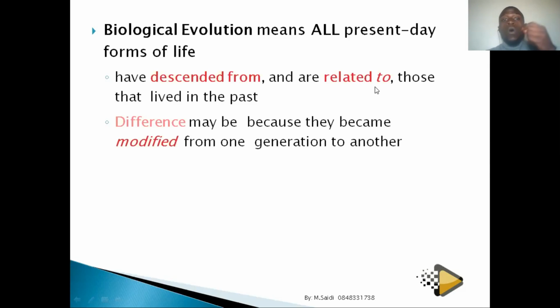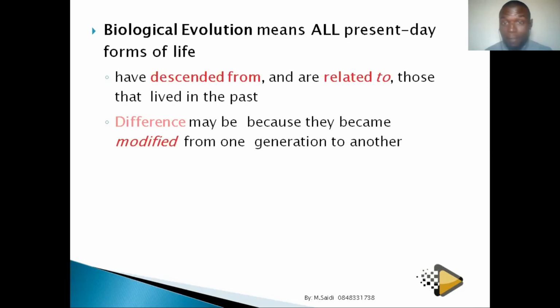So the life of the past must be related to the life of the present in some specific aspects. If you say that you came from a monkey, there must be some relationship between you and the monkey to show that, yes, you came from monkeys. I'll talk about that when we go to human evolution.